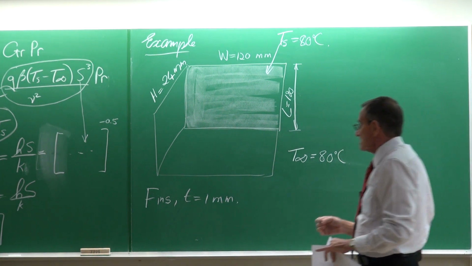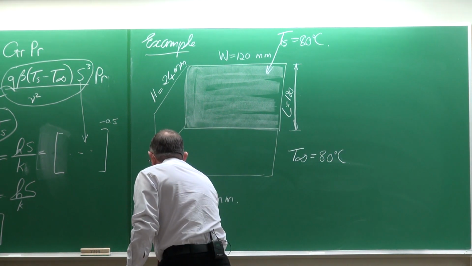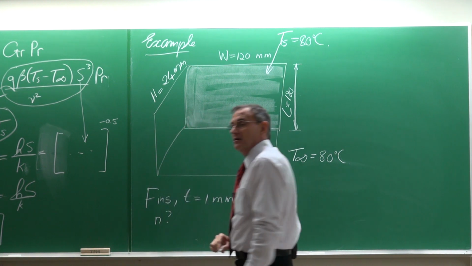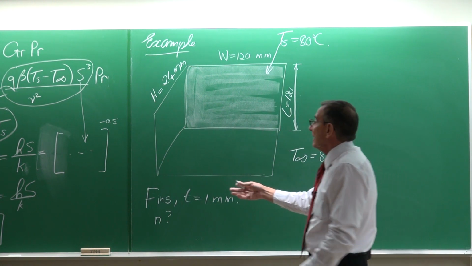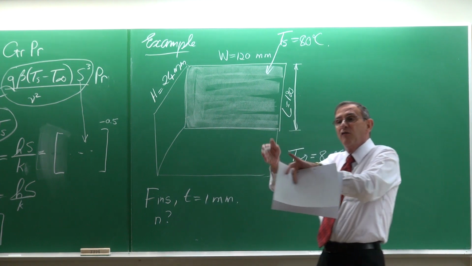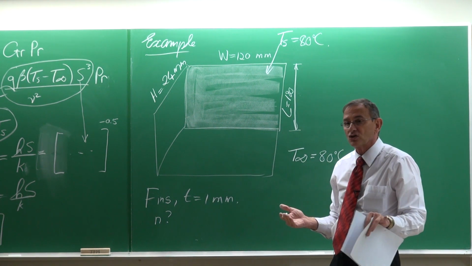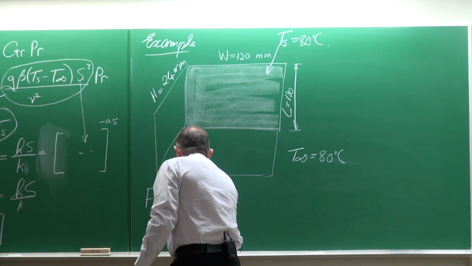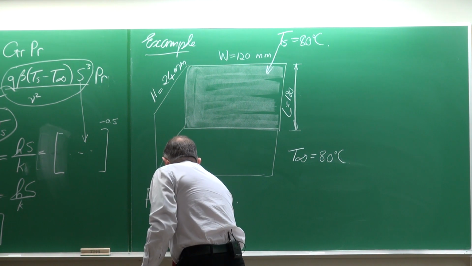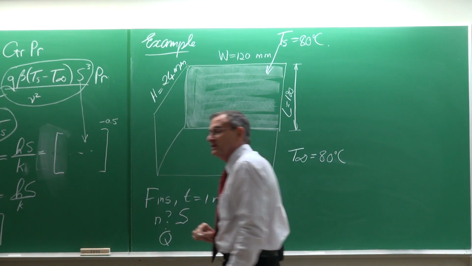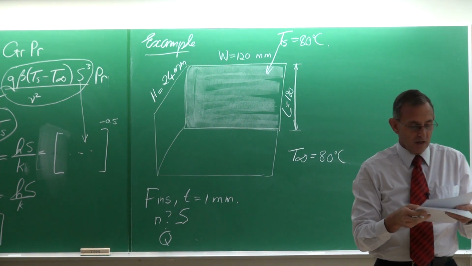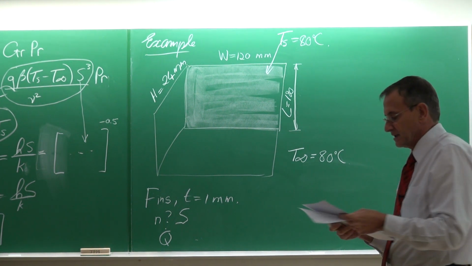So the question is, determine the number of fins that we should put on, and of course determine how far the fins should be apart. So N and S, and then lastly the heat transfer rate. What heat transfer rate would be possible from that set of fins?